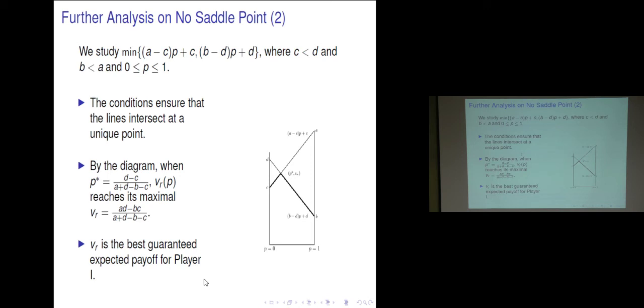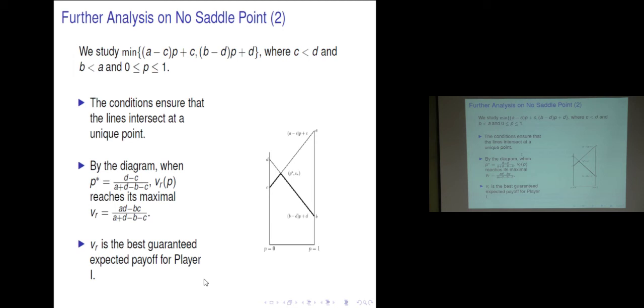Actually, I make the lower part thicker. So look at this line from C to this intersection and go down. So this is the guaranteed payoff for player one, right? Now, this special point is the highest.